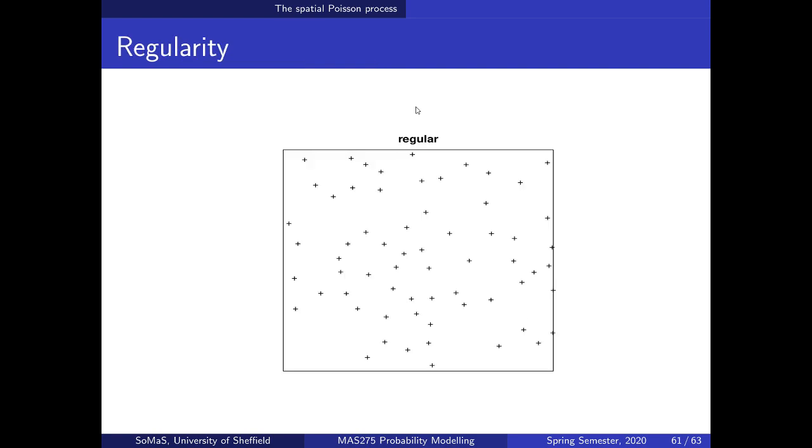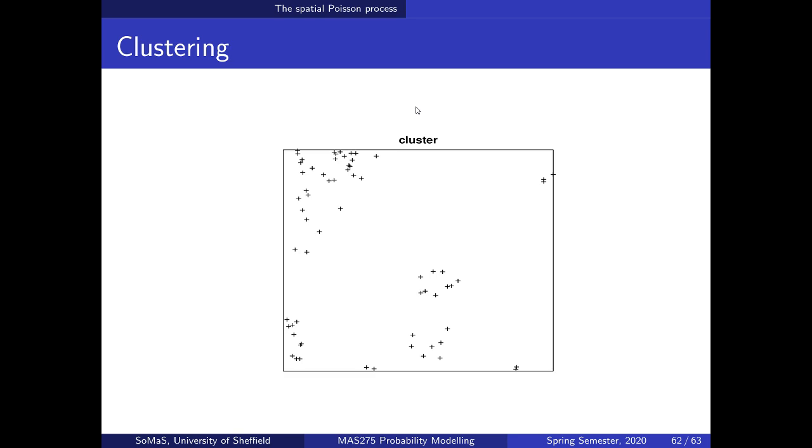For example, here's a simulation. So here's your usual 2D Poisson process, and here's something with more clustering. So clearly you have a rate which is pretty high in this region, that region, and this region, and even then these guys are quite close.